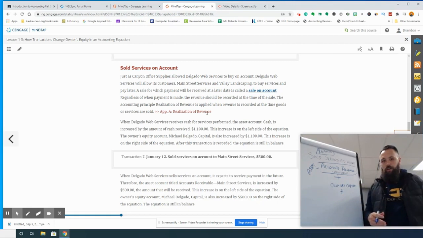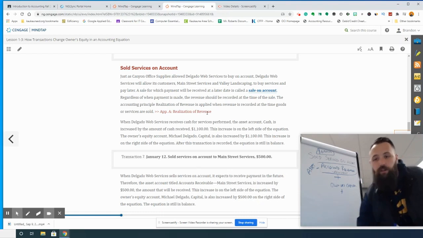So now we have an increase on the asset side, and we also have an increase on the owner's equity, owner's capital side. So the accounting equation is in balance. The weird thing about selling services on account is that we just assume that we're going to get that money no matter what. It's a very important distinction. This is still considered a revenue.